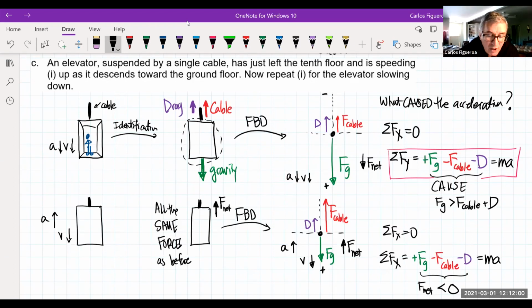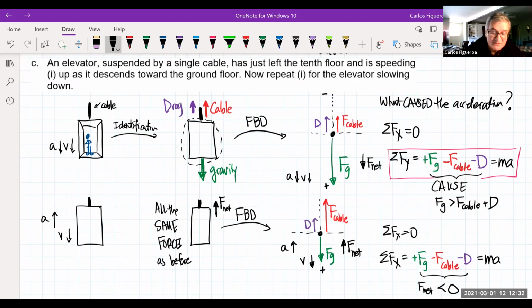So what causes the elevator to slow down? Most people are going to say, oh, it's the cable. And I'm going to say, no, that is not true. The cable is not responsible for slowing down the elevator. The net force is the force of gravity minus the cable minus drag.